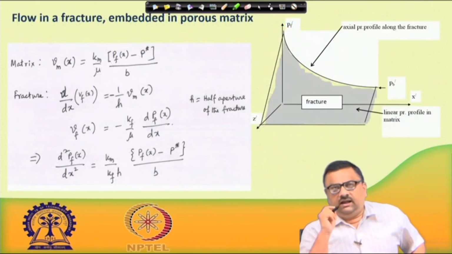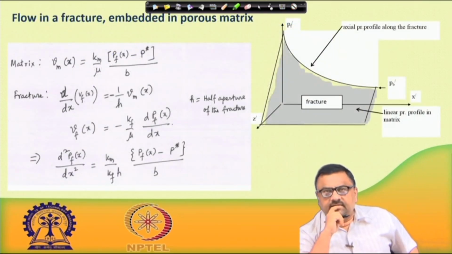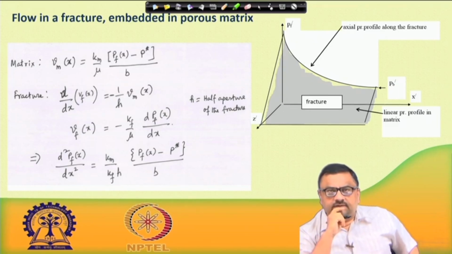These are the innuendos one has with regard to dispersion. What I have next is something a little different. Let me talk about this. First of all, when it comes to flow through a fracture, in a porous medium there can be a fracture.